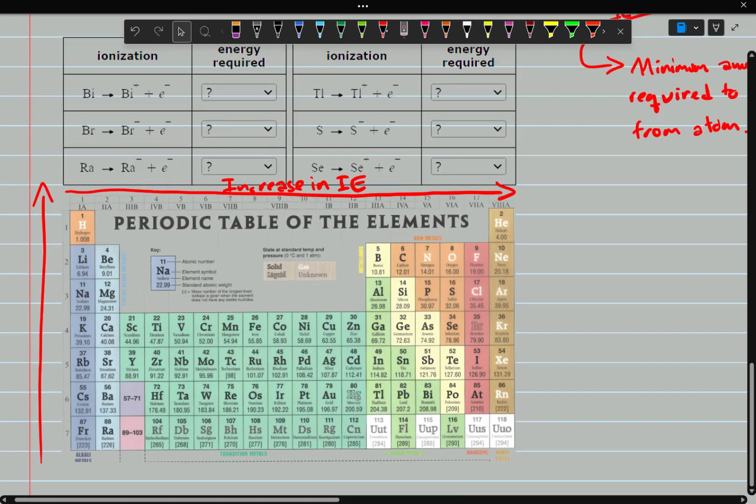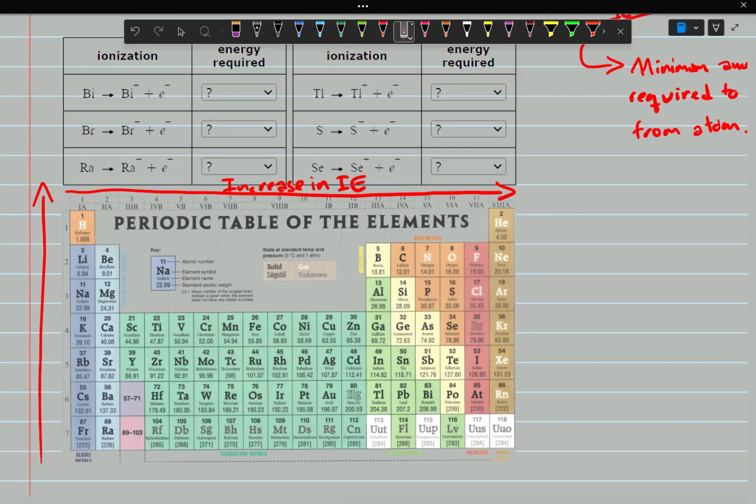And just to cover the concepts a little bit, when you have something like helium, you've got 2 electrons that are surrounding the nucleus, and these electrons are very close to the nucleus.